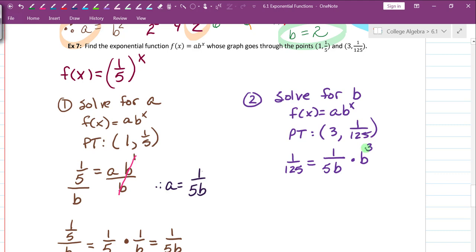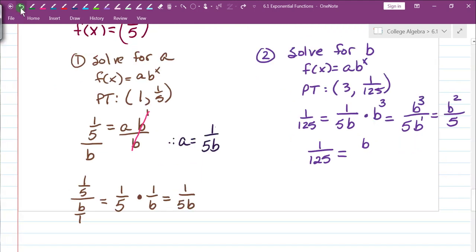Now, over here, I can say that this is the same thing. 1 times b cubed is just b cubed, correct? And then over 5b. Well, now I can simplify right here because this is b to the first. So 3 minus 1 is 2. So this becomes b squared over 5. So what I have here is I have 1 over 125 is equal to b squared over 5.